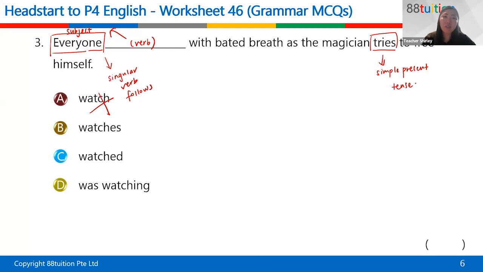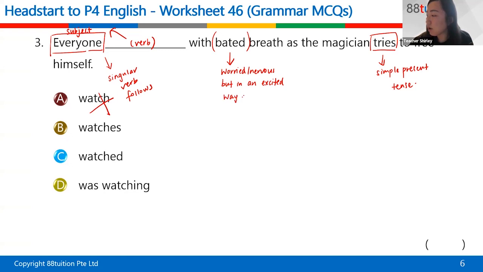Okay. And then of course there's this word bated. Bated breath means that it is worried and nervous. Okay. So this one is additional vocabulary words that you can try to find out the meaning. So bated basically means very worried or nervous, but in an excited way.